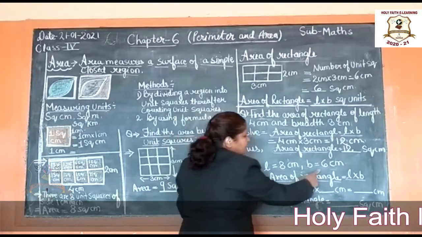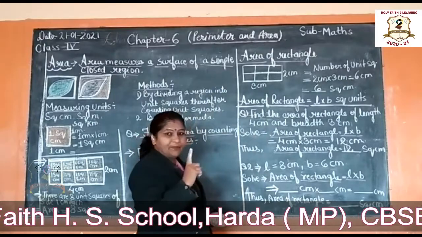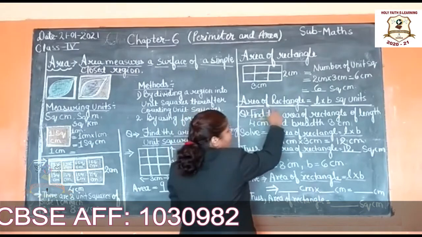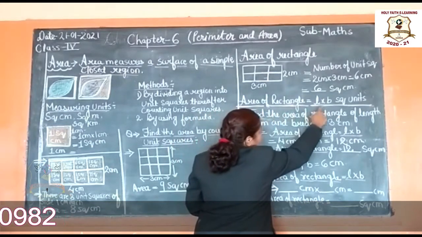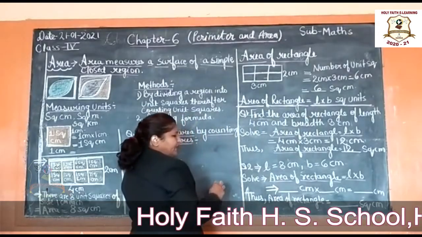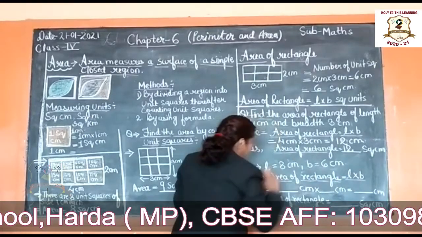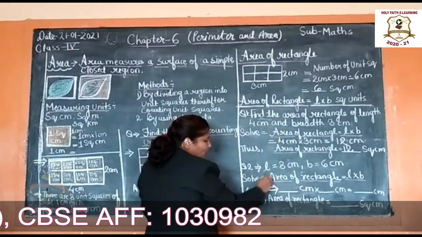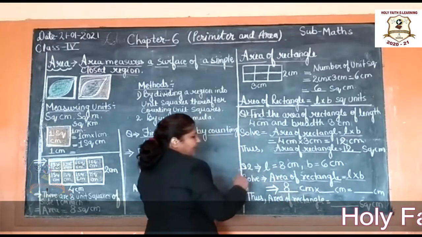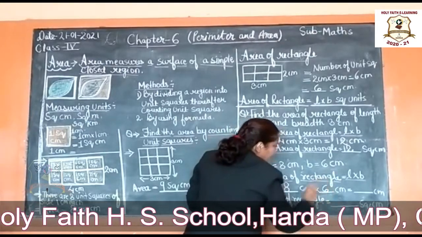Okay students, now here question number 2: length is given, length is equal to 8 centimeter and breadth is given, 6 centimeter. So both are given, we will apply the formula. What is our formula? Area of rectangle is equal to length into breadth square units. Length is 8 centimeter and breadth is 6 centimeter.